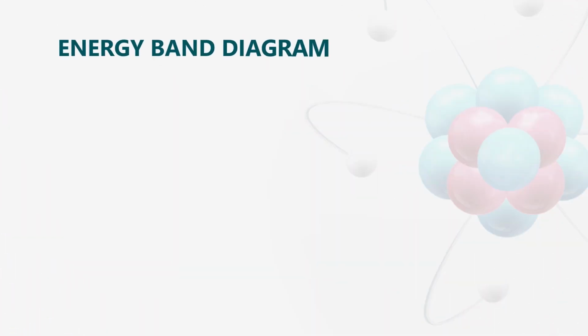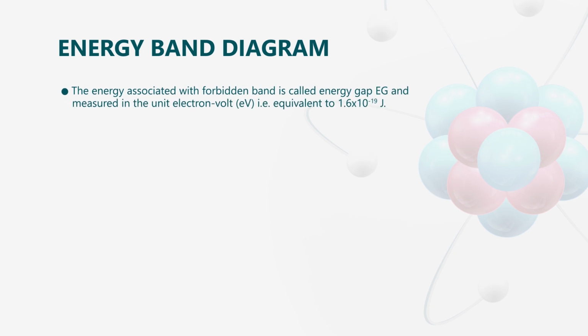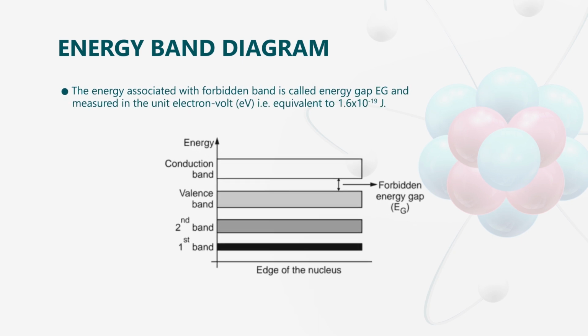This is the graphical representation of the energy bands in a solid. This is called an energy band diagram. Such an energy band diagram of solid silicon is shown in this figure. Here we can see in this figure the y axis shows energy.